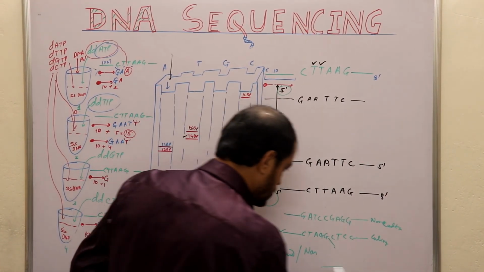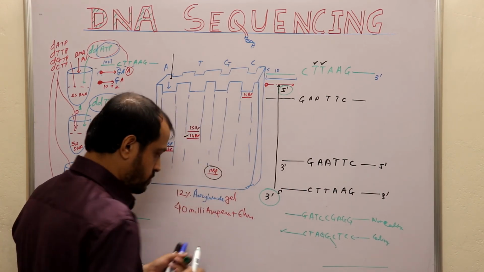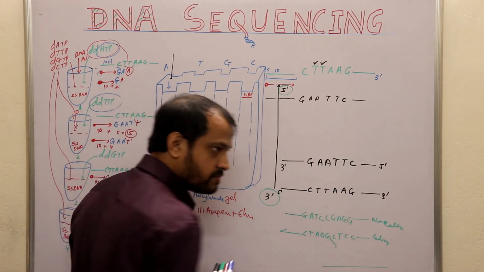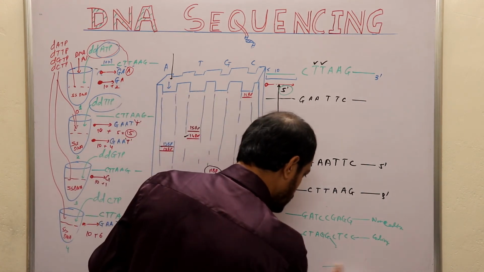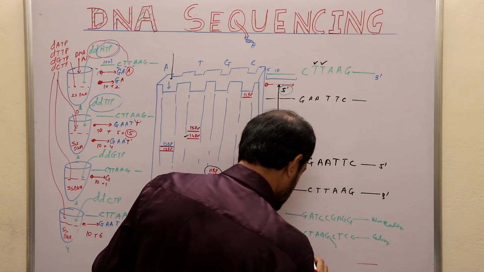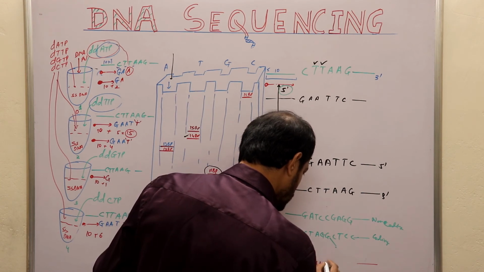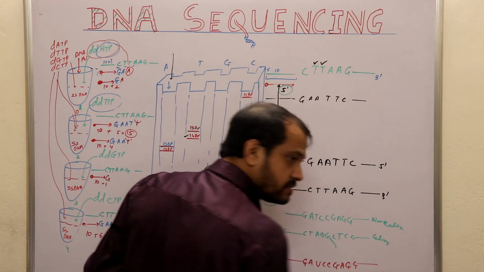Now suppose this is the mRNA which is transcribed from this particular strand. Now what is the sequence then? G, A, U, C, C, G, A, G, G, right?